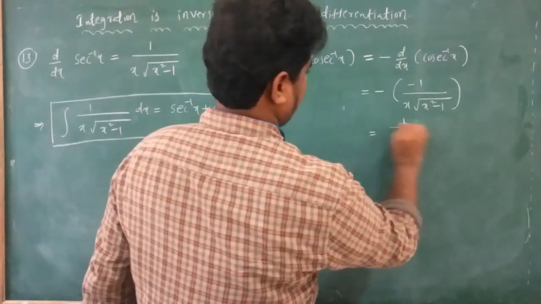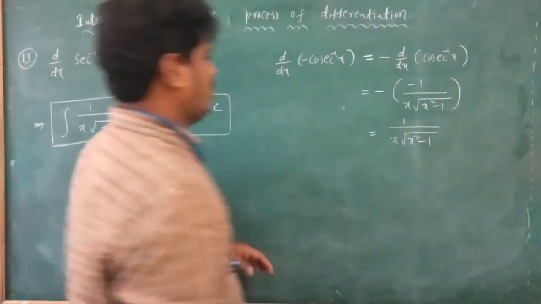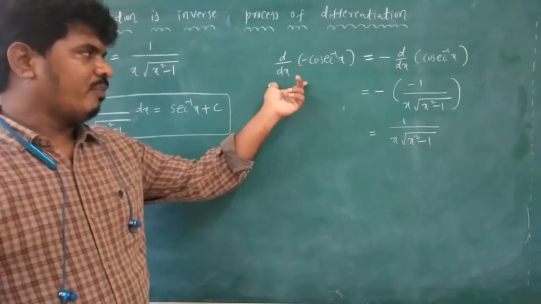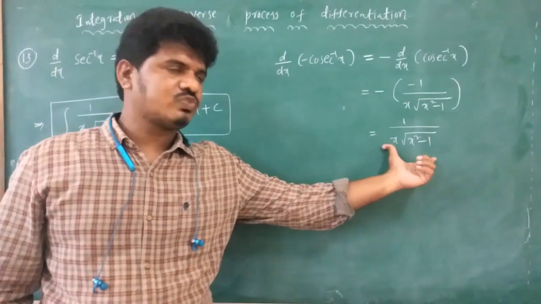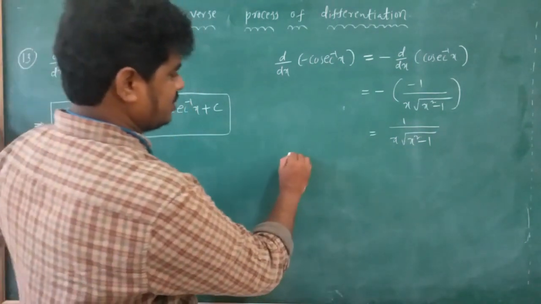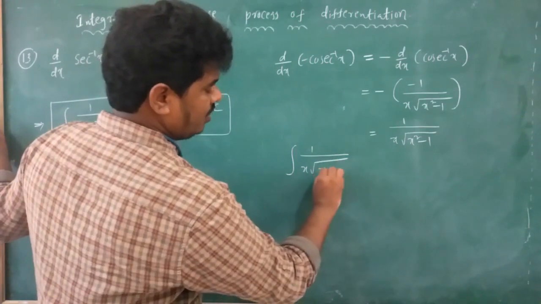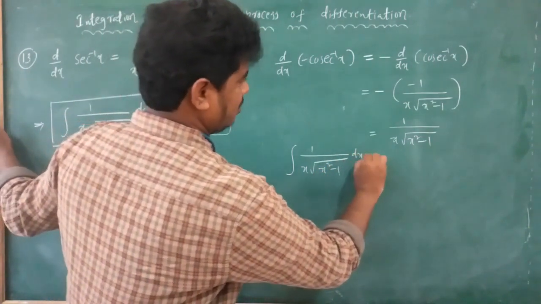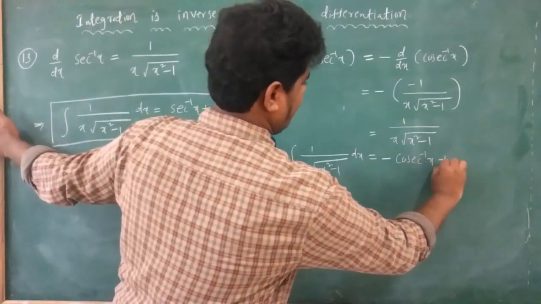That is 1 by x root over x square minus 1. So finally, the derivative of minus cosecant inverse x with respect to x is 1 by x root over x square minus 1. From this what we can write? Integral of 1 by x root over x square minus 1 dx, that is equal to minus cosecant inverse x plus c.